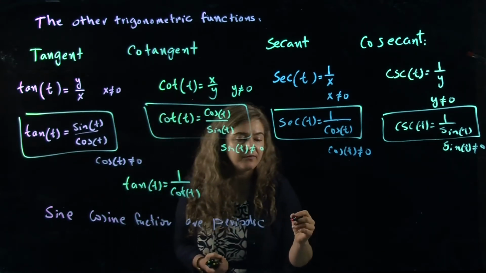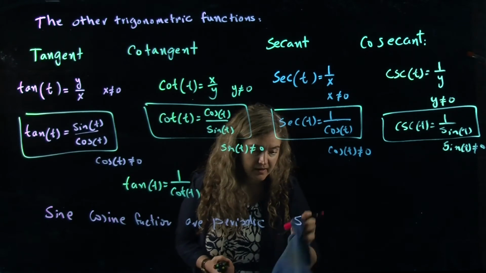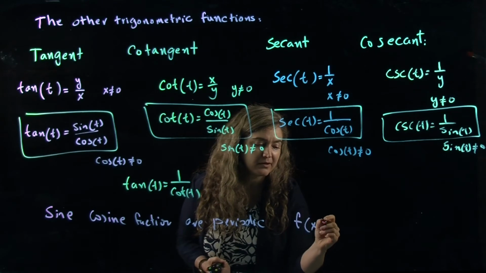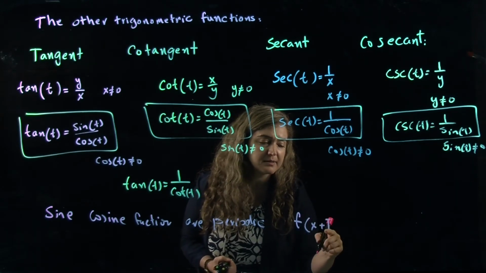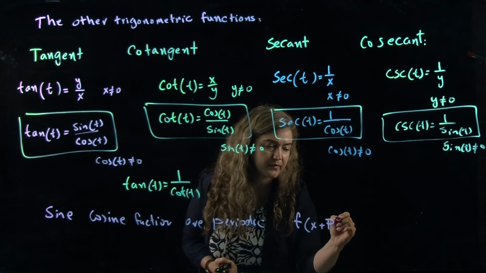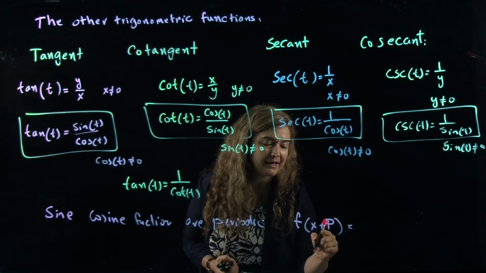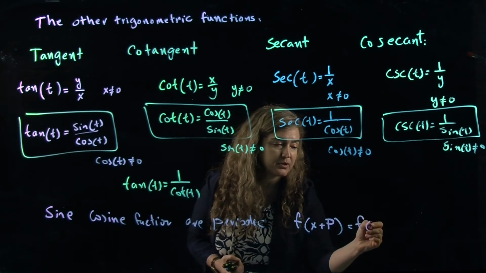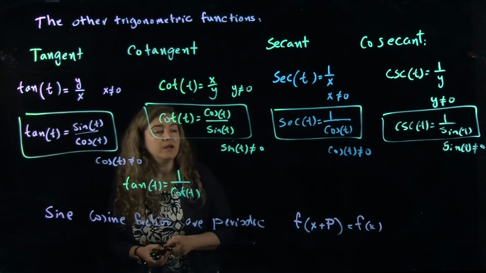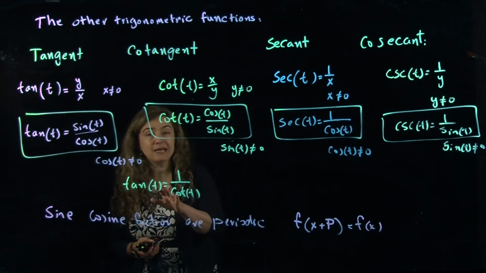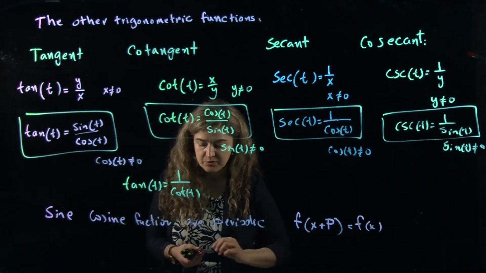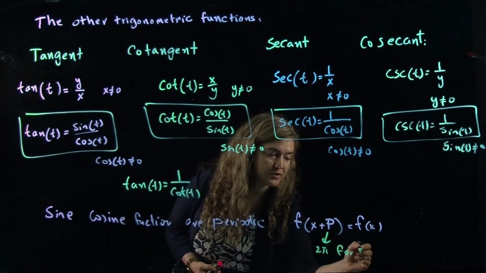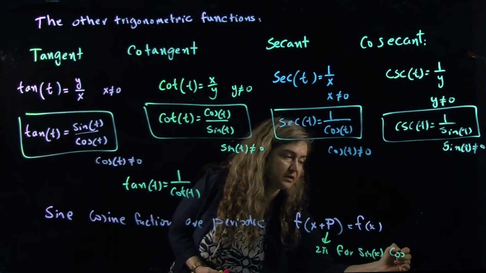Periodic means there is a value, and usually we find the smallest value, p, such that if I add it to x, to the input, the output does not change. And for sine and cosine, this p is equal to 2 pi for sine of x and cosine of x.